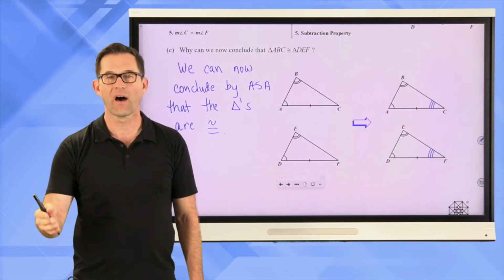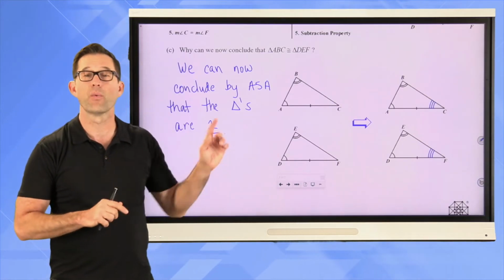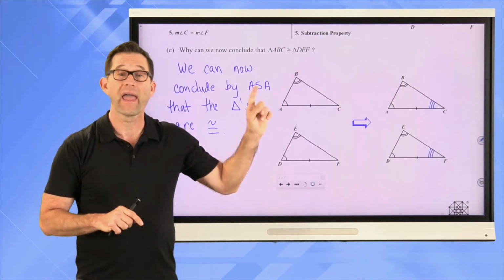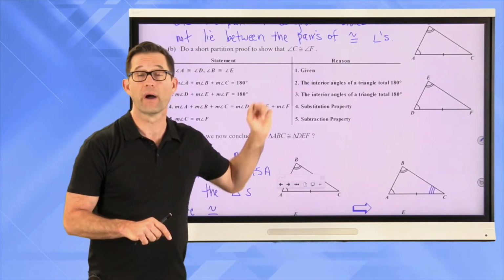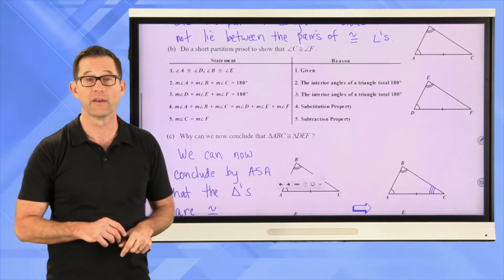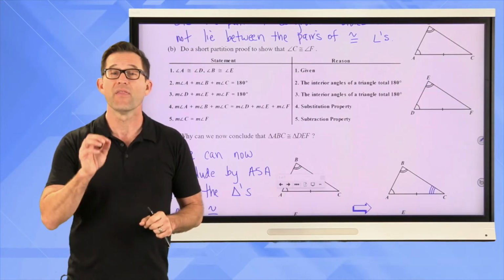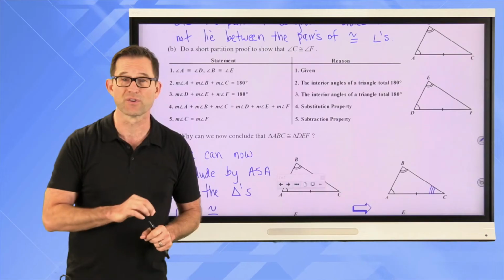So in other words, let's break it down. Angle, angle, side. That theorem is a direct consequence of two things: angle, side, angle, and the fact that the three angles of any triangle must sum to 180 degrees. So angle, angle, side implies that angle, side, angle can be used to prove the two triangles are congruent.